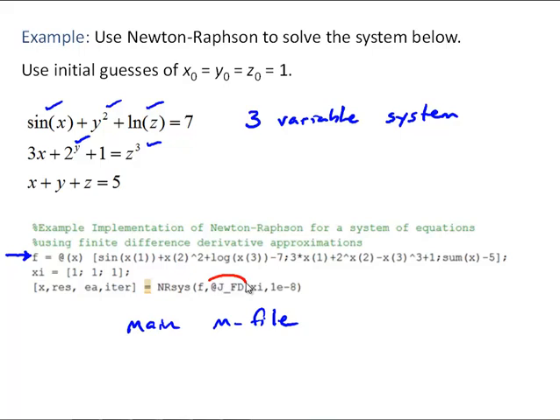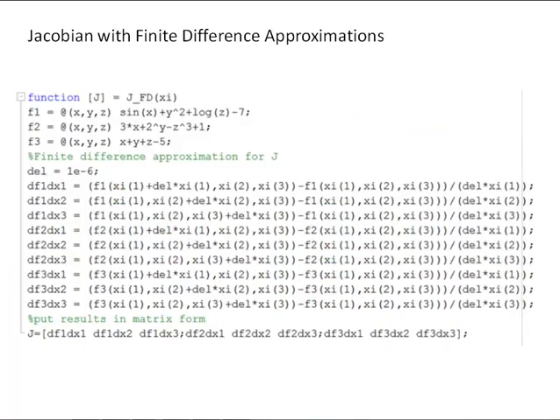And then the Jacobian is defined in an external file. Just a reminder that that @ sign there is because this is in an external function M file. And let's take a look at what that function M file looks like.